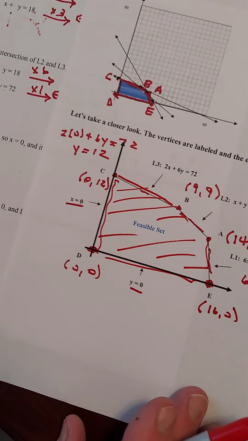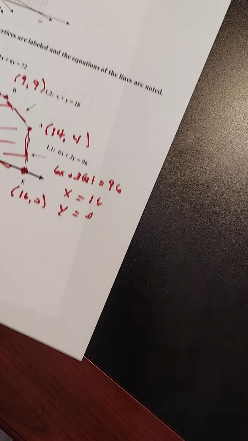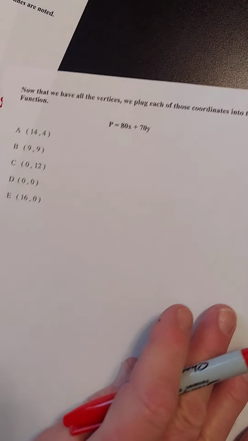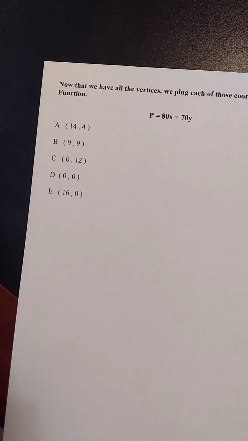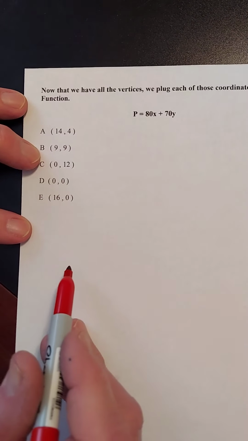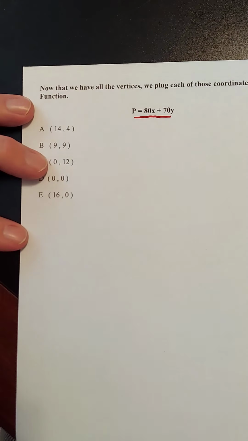Okay, now that you have that, I have written down my 5 vertices. And then up here is your profit function.